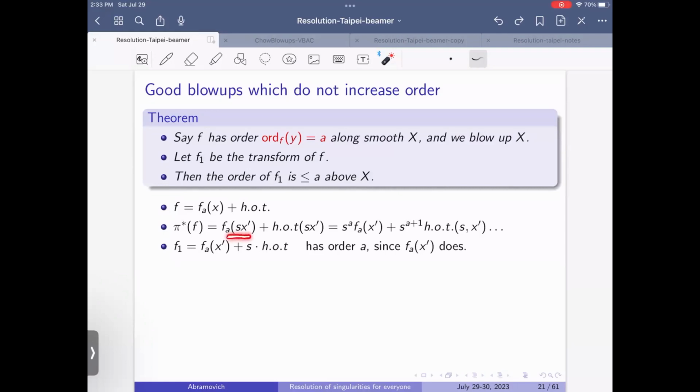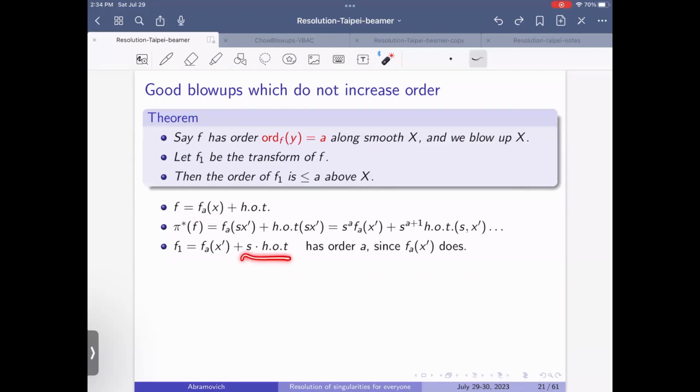Now this is homogeneous of degree A, so I can pull out S to the A. And then you have the original leading term, but with X prime. And here I have S to the A plus 1 times higher order terms, which means that F, the proper transform, where I cancel off the exceptional part, S to the A, is the same leading term now with X prime plus S times higher order terms.